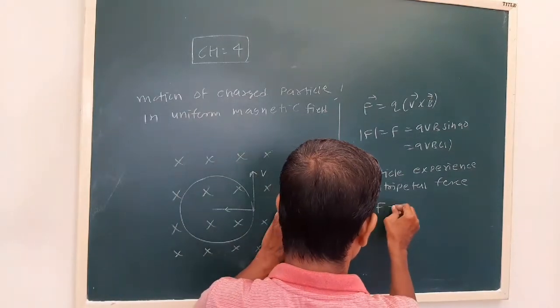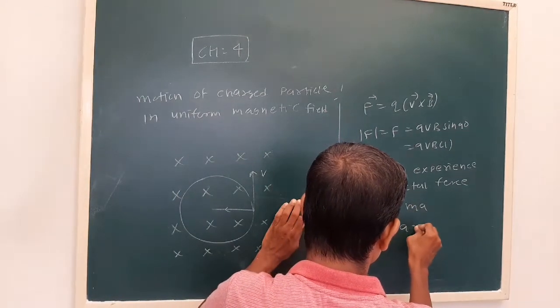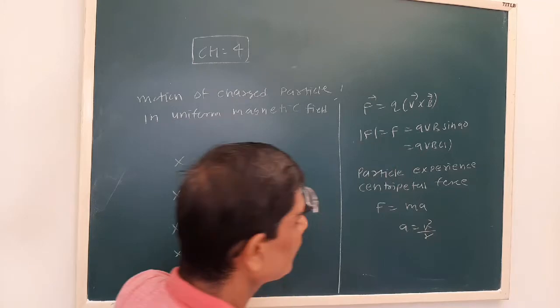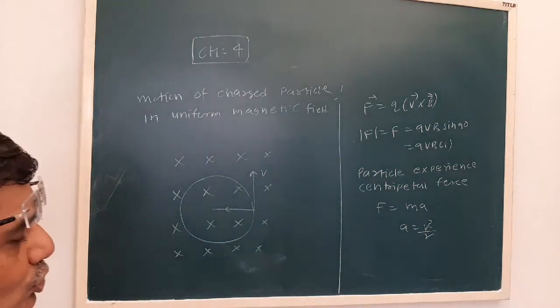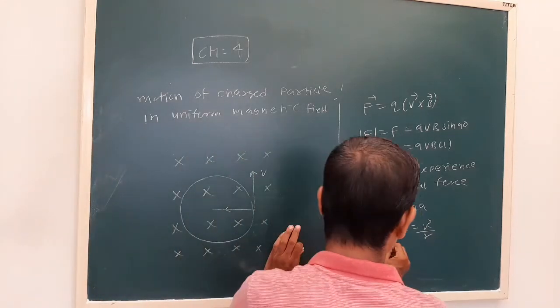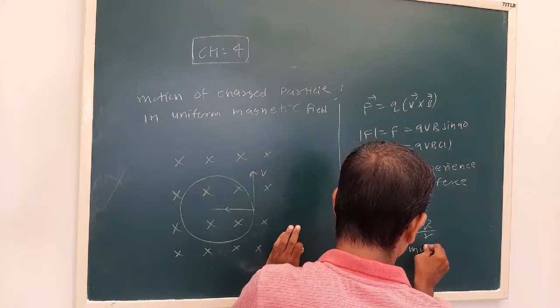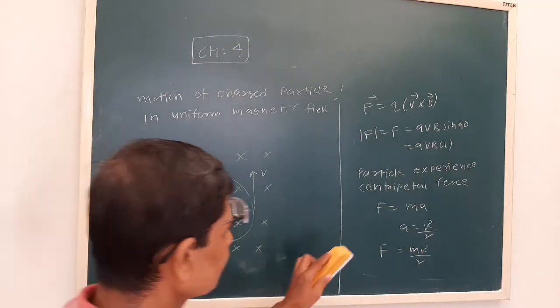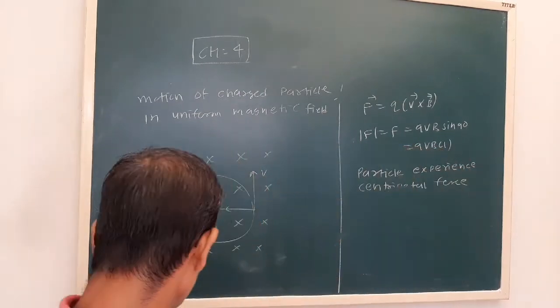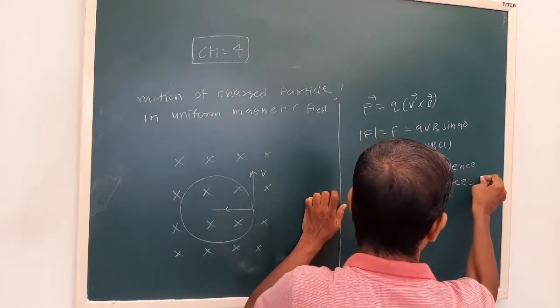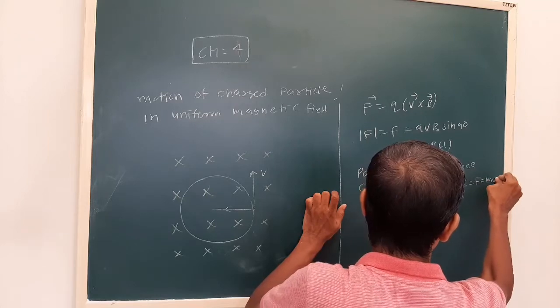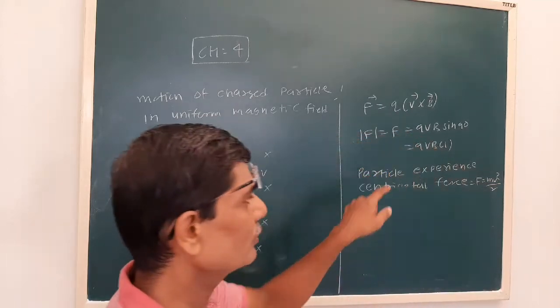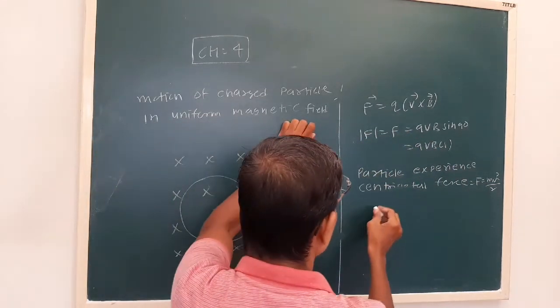We studied F is equal to ma. Centripetal acceleration that we have studied in uniform circular motion is v square by r, so F is mv square by r. That is the formula for the centripetal force we have studied earlier. Now this also is force, so we can compare.